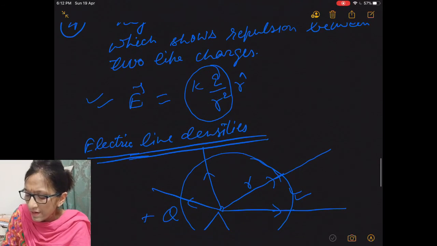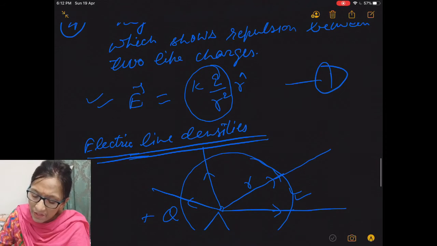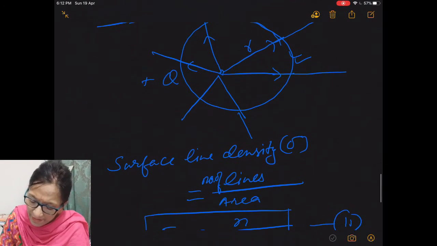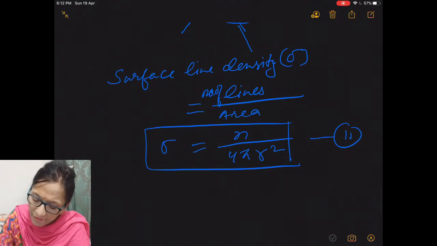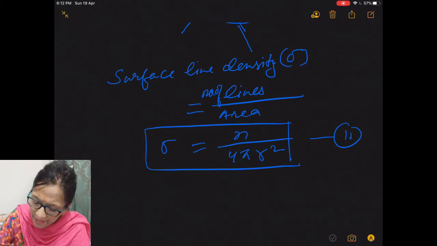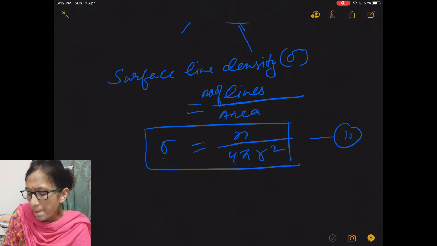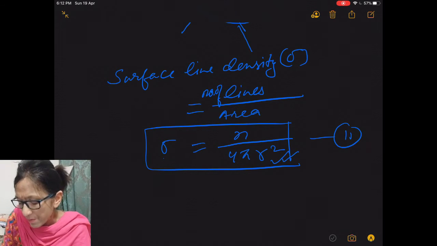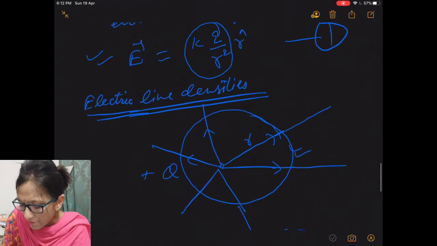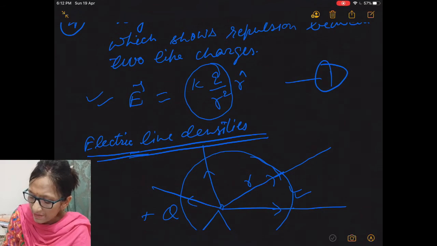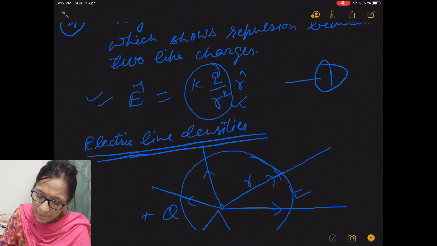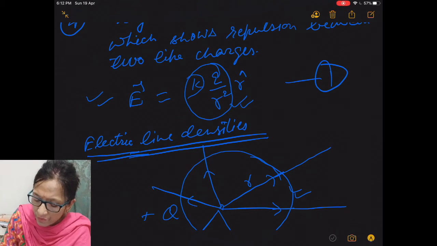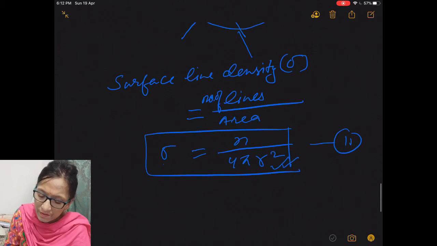Now let us compare this equation with the equation of electric field. And we find that surface line density is inversely proportional to square of radius. Here you can see, and electric field also is inversely proportional to square of radius.